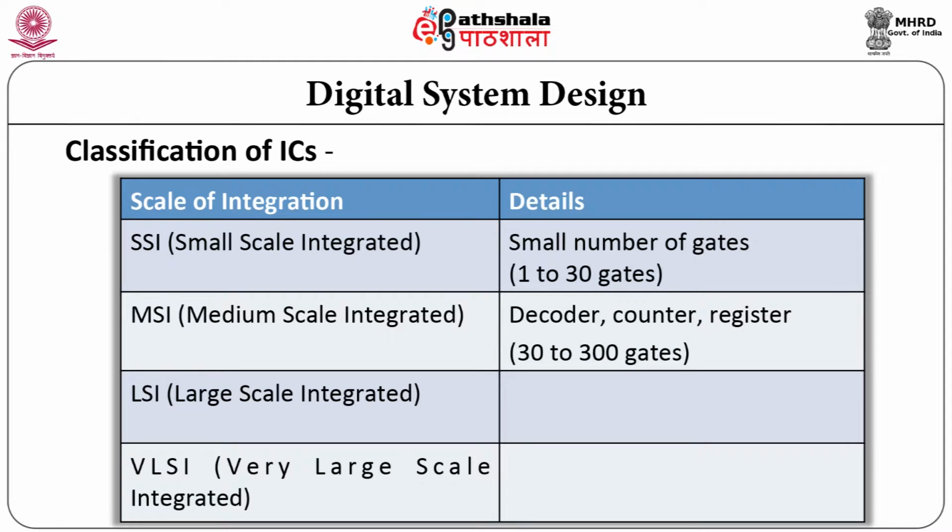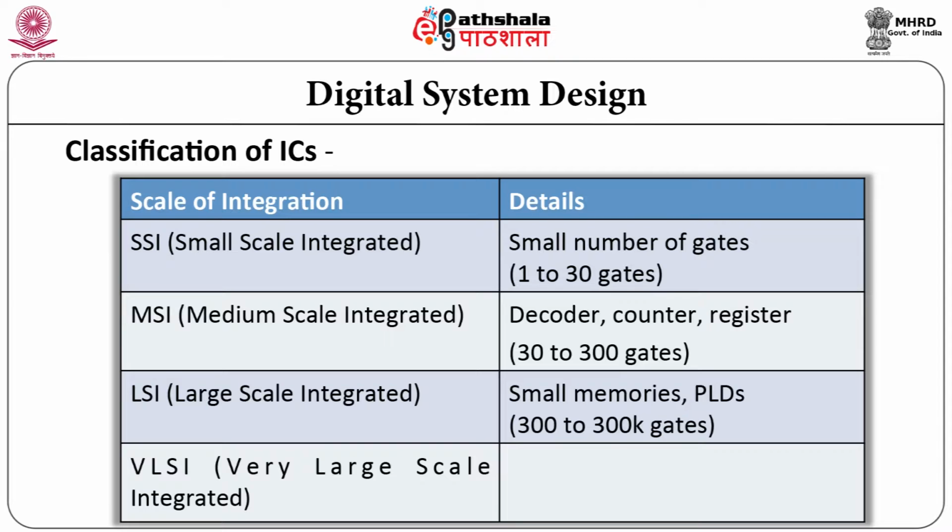MSI is a medium scale of integration where the number of gates are around 30 to 40. Examples of MSIs are decoders, counters and registers. LSI is a large scale integration where number of gates are around 300 to 300K.